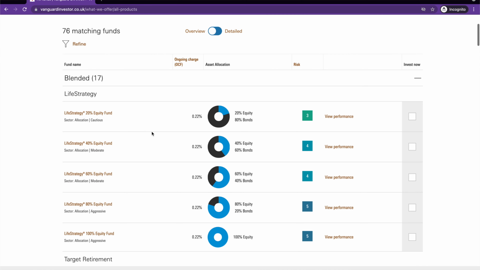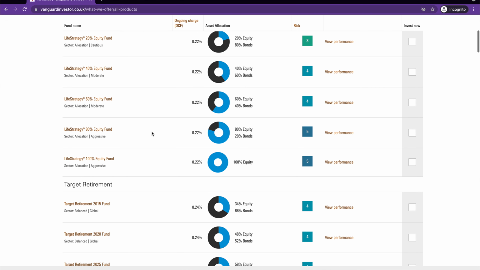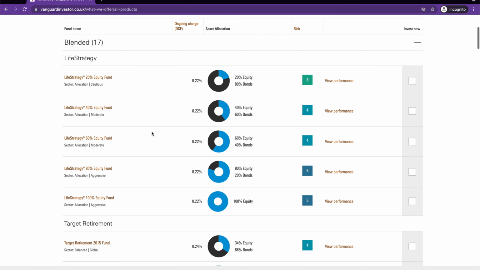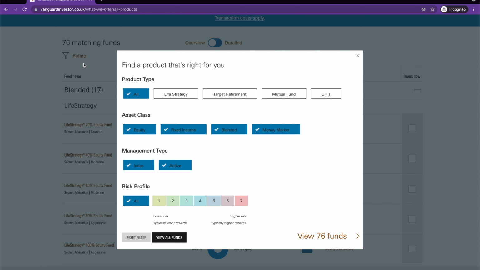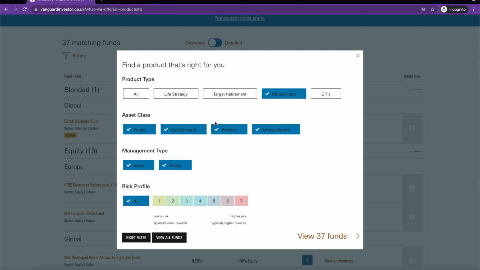Okay, there we go. Now let's do a refined search. For this example, we're going to be looking at mutual funds only, so I'm going to select mutual funds. Then in terms of asset class, I said earlier that I want to find a mutual fund that captures the US stock market. So I'm going to select only equity, as we are only interested in stock funds.